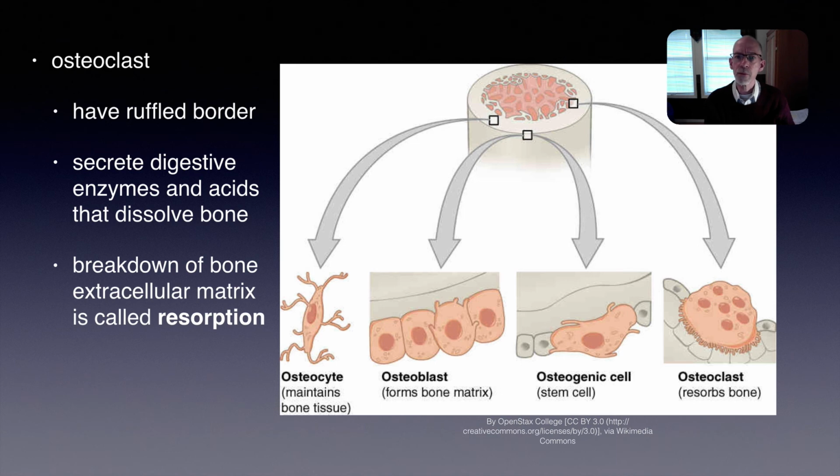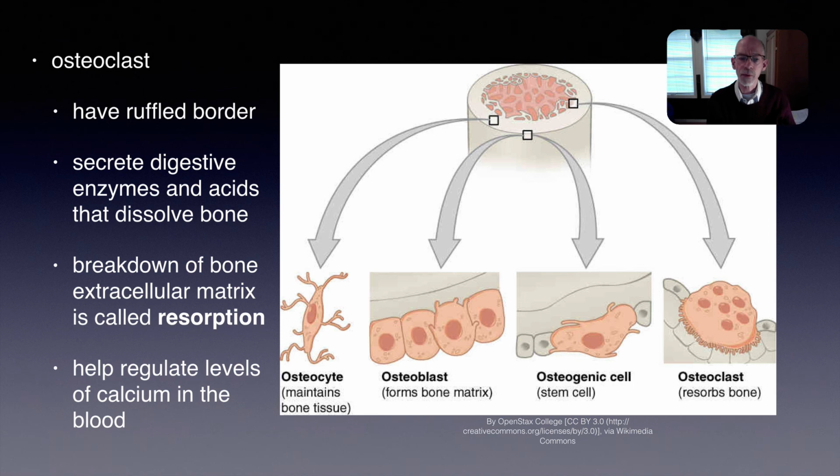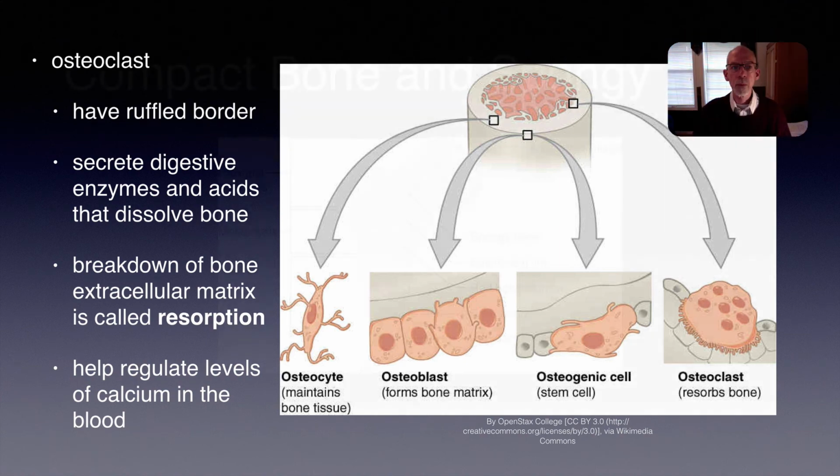Remodeling is the process of taking old bone, dissolving it, and also establishing new bone by using the osteoblasts. So these osteoclasts are used for taking bone that is old and degenerating it. These osteoclasts are also used in regulating the levels of calcium in your blood, and we'll see how they do that in just a few minutes.